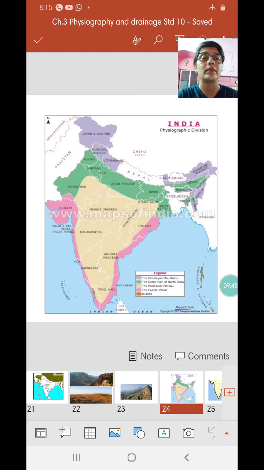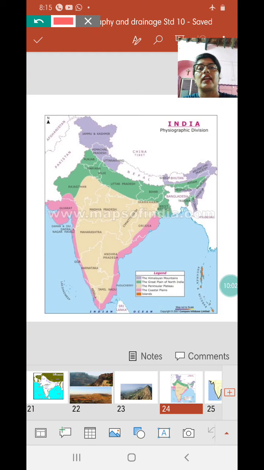Though Ghats are not mentioned as a separate division here, we need to understand that Eastern and the Western Ghats form a specific, distinct physiographic division. To the east of the Eastern Ghats, we have now the coastal plain. So this takes us to the coastal plains, that is the fourth physiographic division of India.